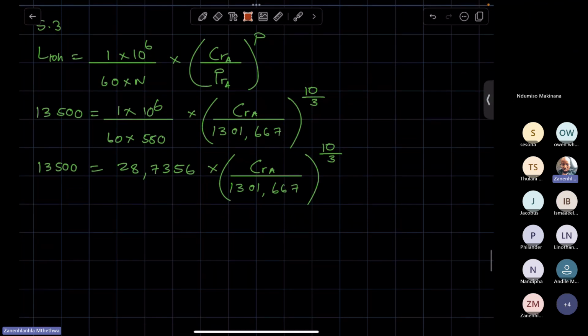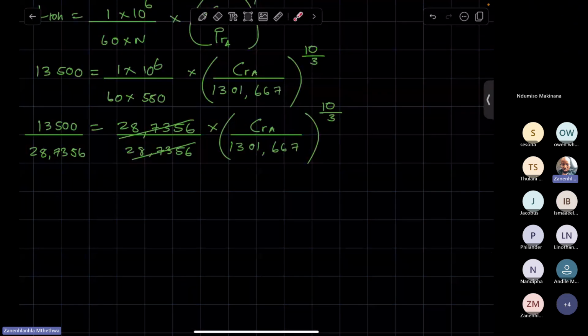Now from this point, I'm going to divide both sides by the 28,7356. Obviously that cancels, right? So this side, you're only left with this, and you're left with this on this side. So essentially this is what you're left with.